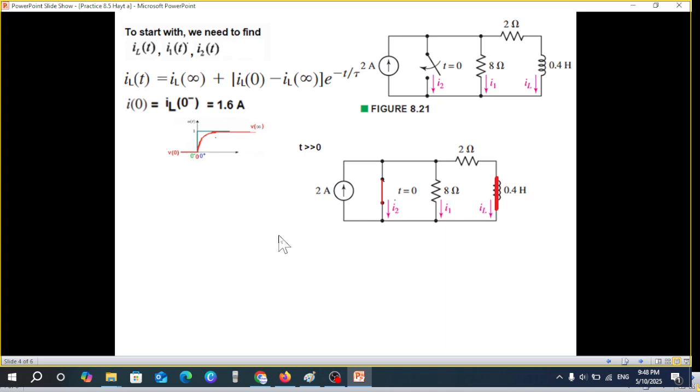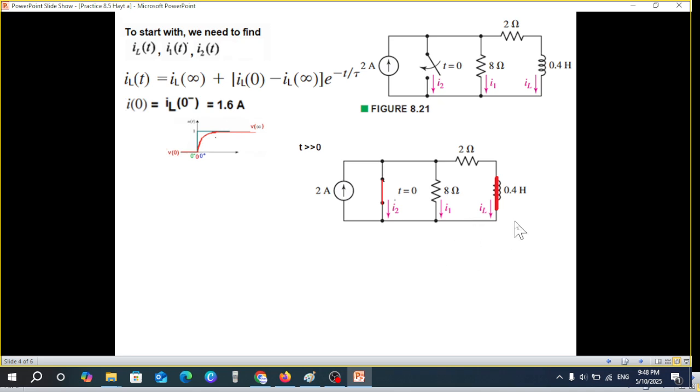So for that, now the switch has been closed. I'm calling it t greater than 0, this one. For t greater than 0, the switch has been closed, and the circuit is again in steady state condition like here. Therefore, the inductor will again behave like a short circuit. Okay, so this current now will be called IL infinity.